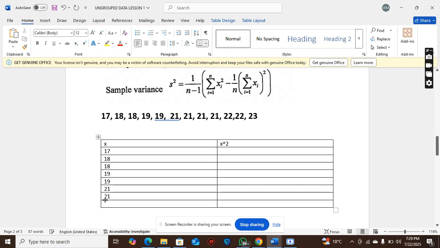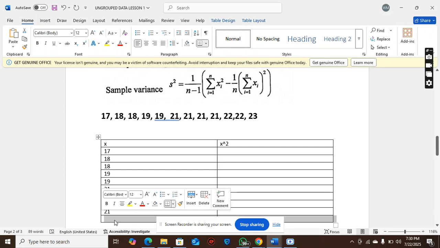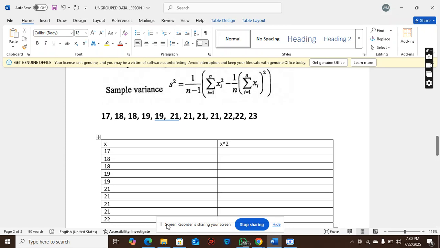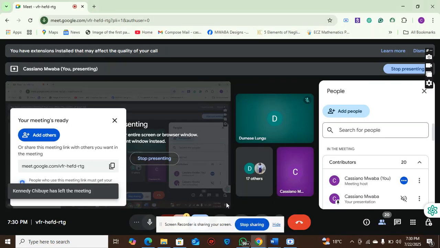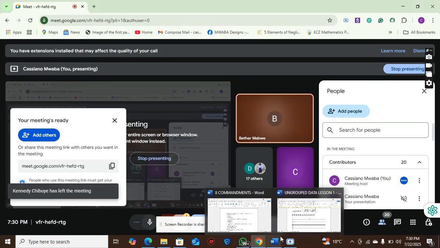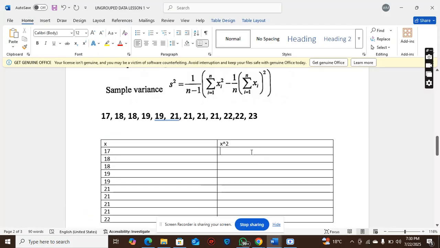Can someone give me the square of 17? Okay, thank you, madam. 289. Yeah, 17 squared. 18 squared.